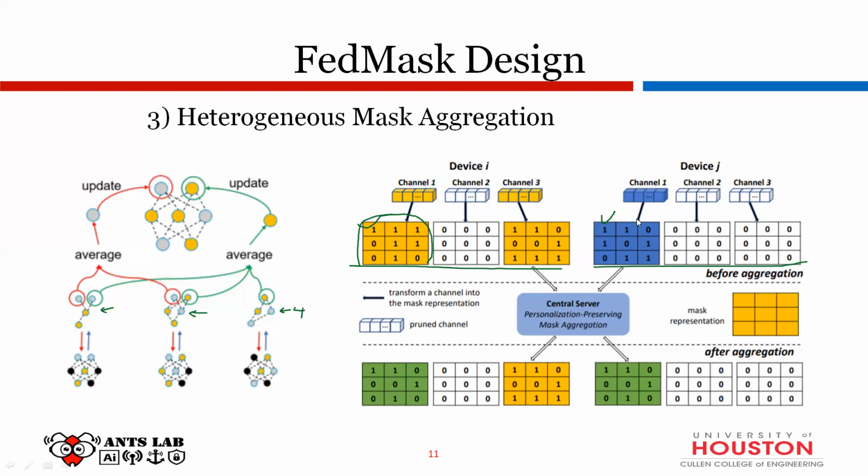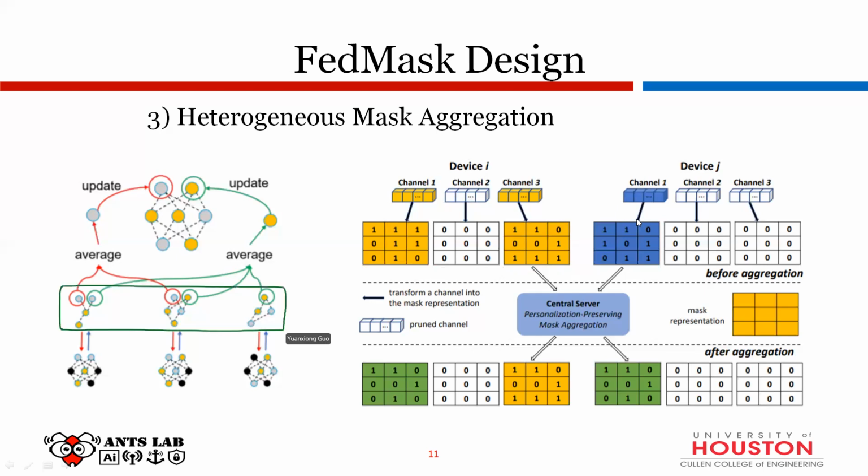Yes. But if you go back to this figure, it looks like the mask structures are different. They are not always 3 by 3 in this form. So how do they represent it?